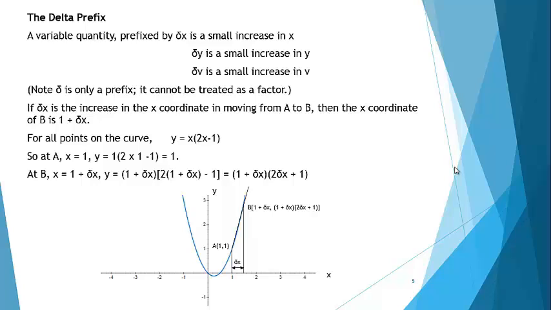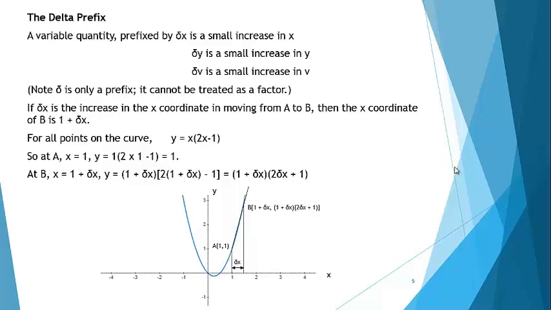For all points of the curve, y equals x bracket 2x take away 1. So at A, x equals 1, and by substituting x equals 1 in the equation y equals x bracket 2x take away 1, we get the y coordinate at A, which is y equals 1.